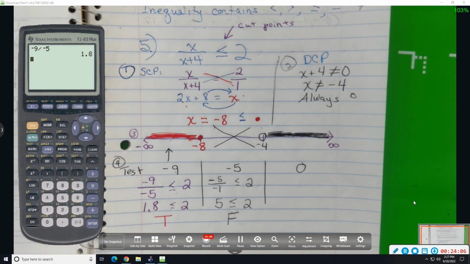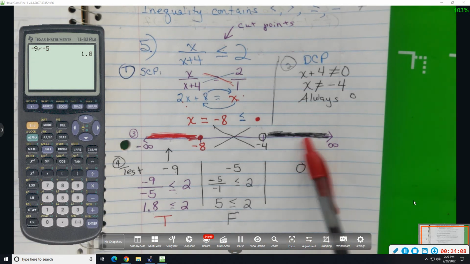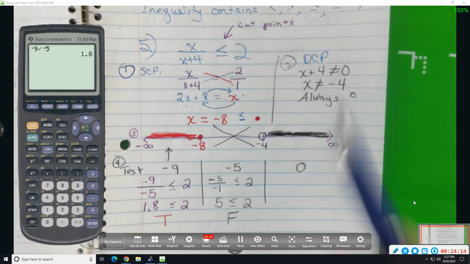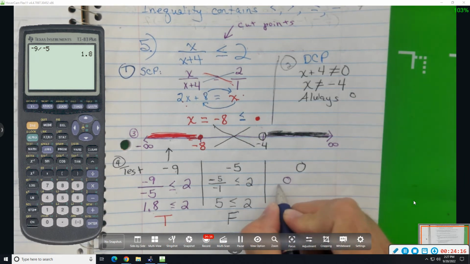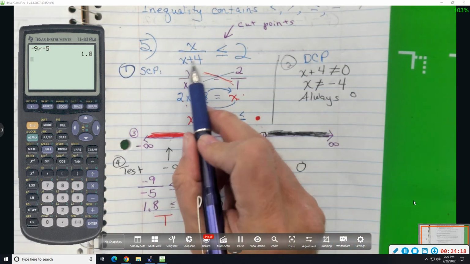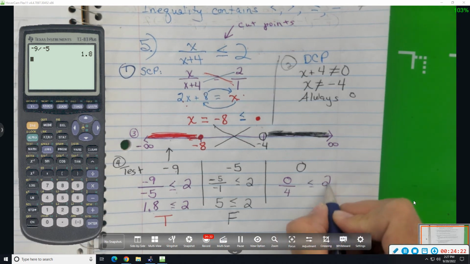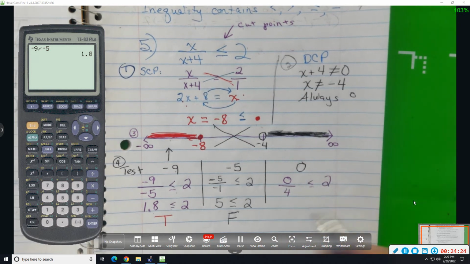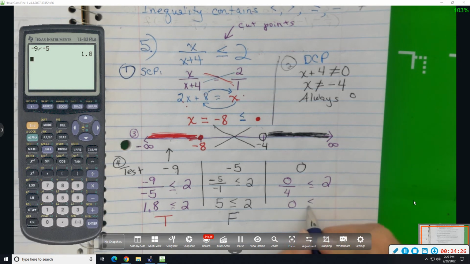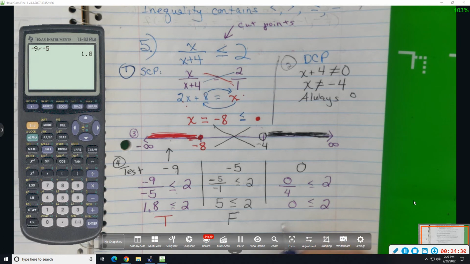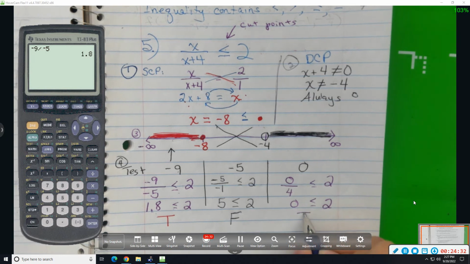And one more, though I'm pretty sure it's going to give us a true. Let's plug a 0 in. We would have 0 on top. 0 plus 4 is 4. And that would just be 0 is less than or equal to 2. Yeah, 0 is less than or equal to 2, which is true.